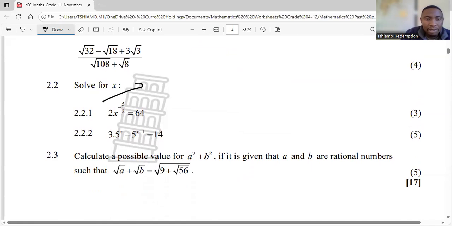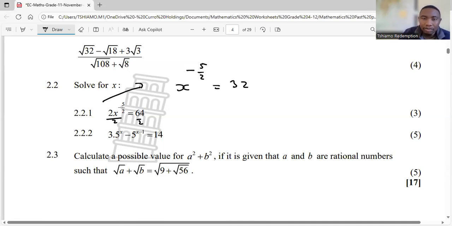So this is solve for x. Firstly, I would divide by 2, so that x is by itself there: negative 5 over 2 equals, what is 64 over 2? 32. And then here, what would you do? You would multiply by the reciprocal of that.